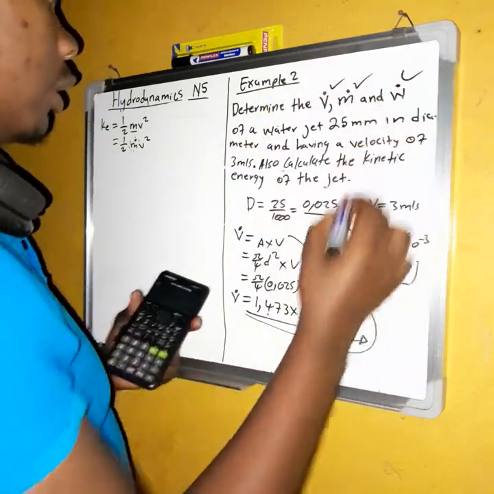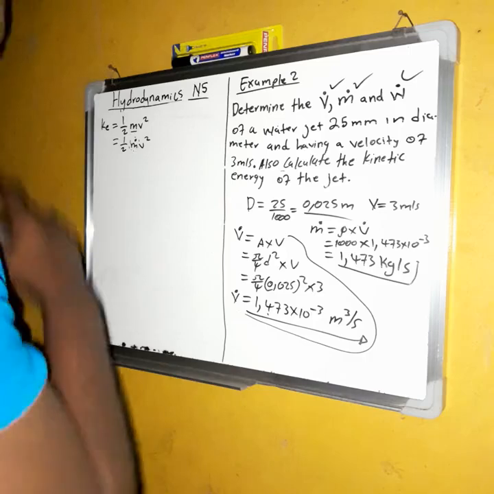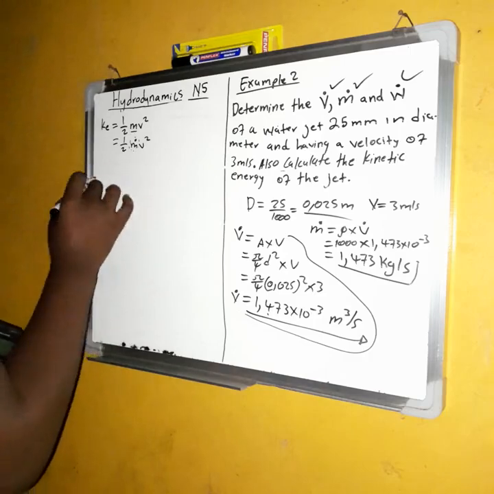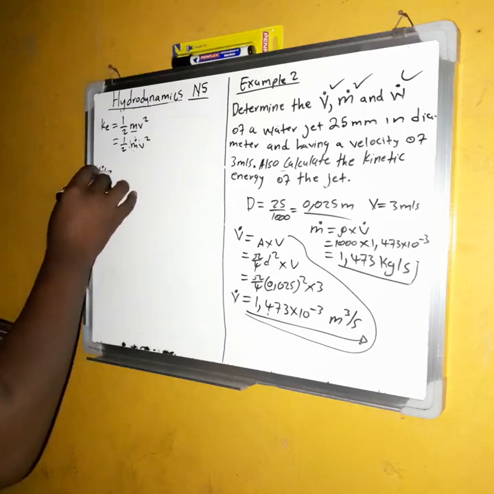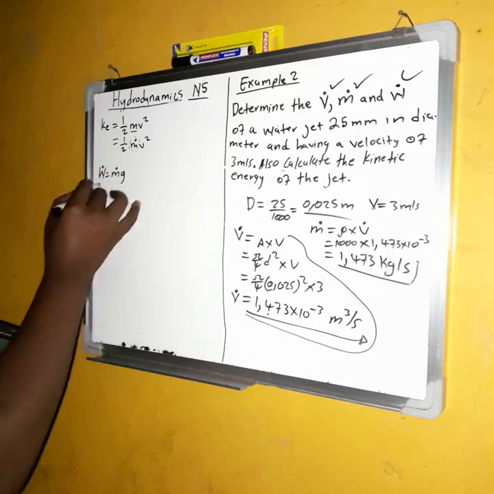Now we go to the weight flow. You know the weight flow is equal to the flowing mass multiplied by gravity.